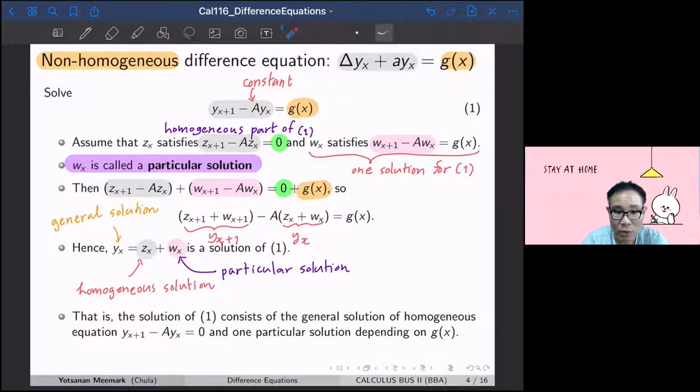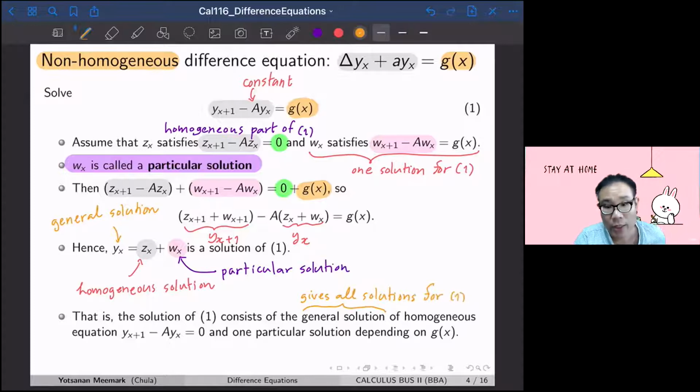And you're going to be able to obtain the thing called the general solution. General solution means all solutions. So this general solution will give all solutions for equation 1. Okay, so that is the thing that we are looking for.